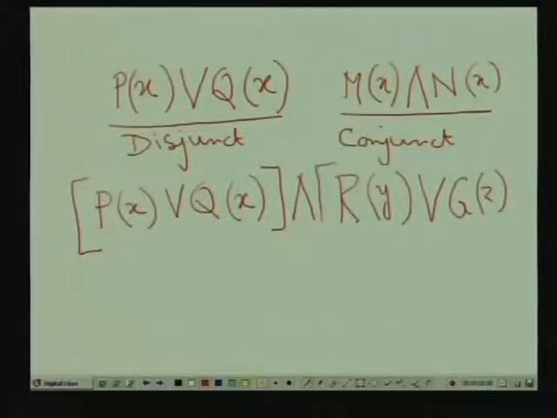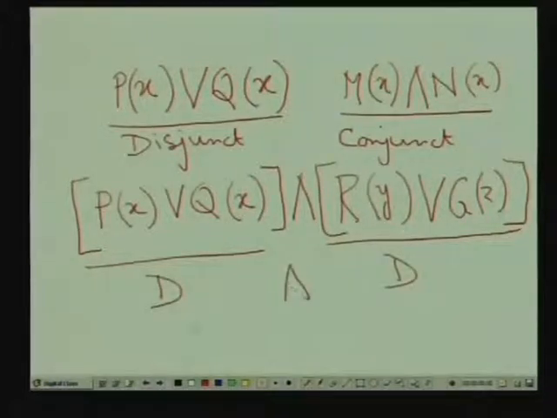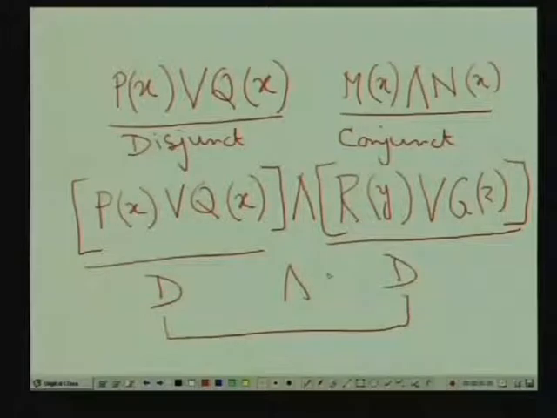Now, this is another disjunct. So, this is a disjunct, this is a disjunct, and I have got a disjunct and disjunct, and I have got a conjunction of these disjuncts. So, it is a conjunct, right. So, a canonical form will be a conjunction of disjuncts only, all right, disjuncts only. That is a canonical form.